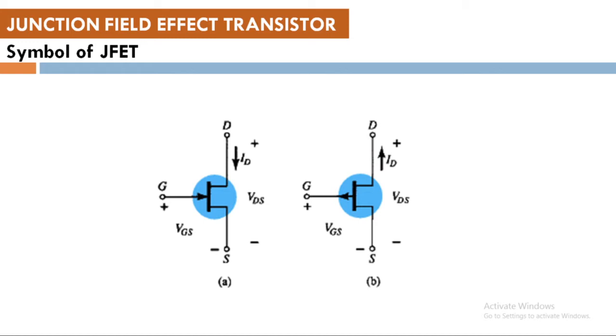It again depends on the applied potential at the input terminal, which we usually call the gate. So in the case of transistors it was collector, base, emitter, but in this case it is drain, given by D, gate, given by G, and source, given by S.